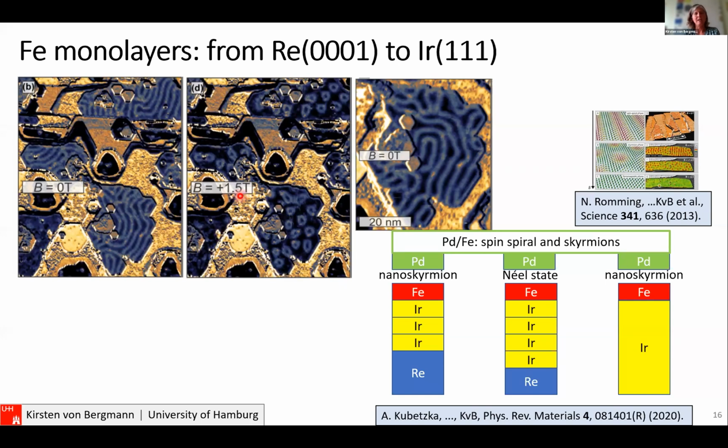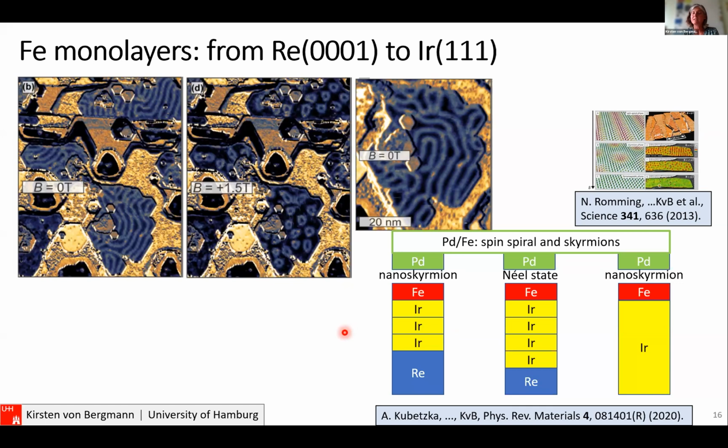If we apply an external magnetic field, these rings indicate that you have skyrmions here. And also then when we remove the external magnetic field, these sort of irregular spin spirals with some loopholes remain. So we can conclude that the iridium is not equal to iridium. It depends on the thickness that you have what you really get.